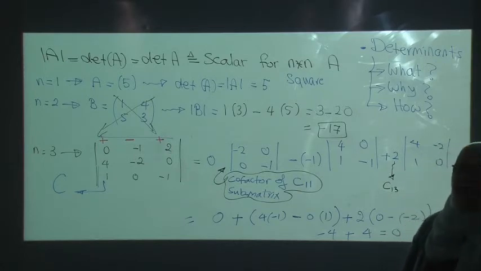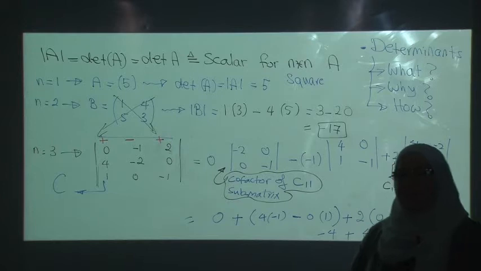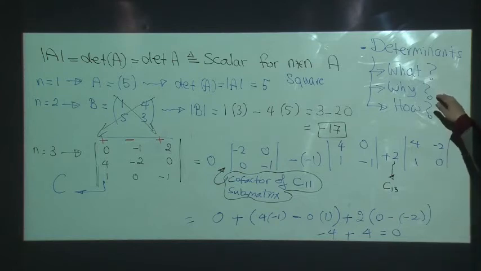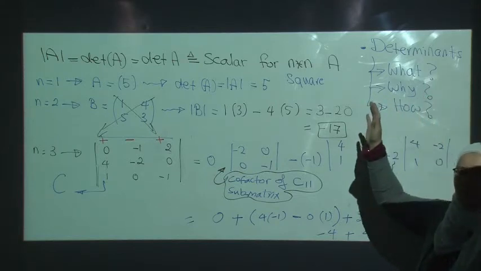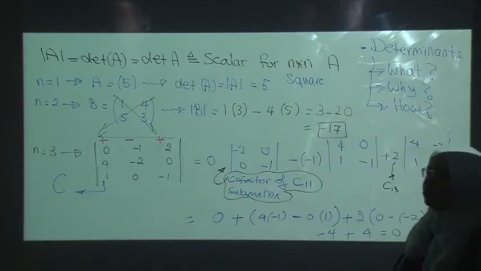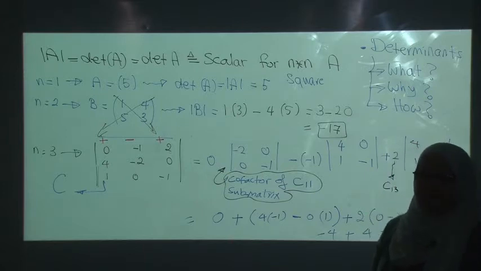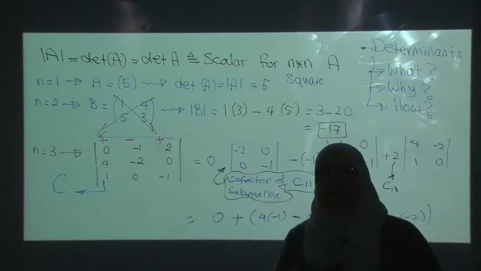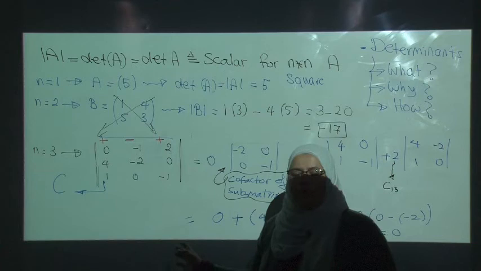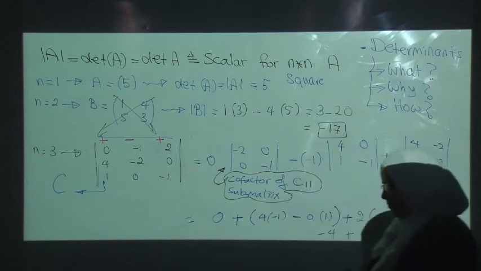Actually, when the determinant of a matrix is equal to 0, this indicates something about its inverse. We said in answering the question of why we need these determinants, that we are going to use them in solving linear systems of equations and in finding the inverse matrix as well. So if the determinant is equal to 0, it has something to tell about the inverse of a matrix. I will write it here.